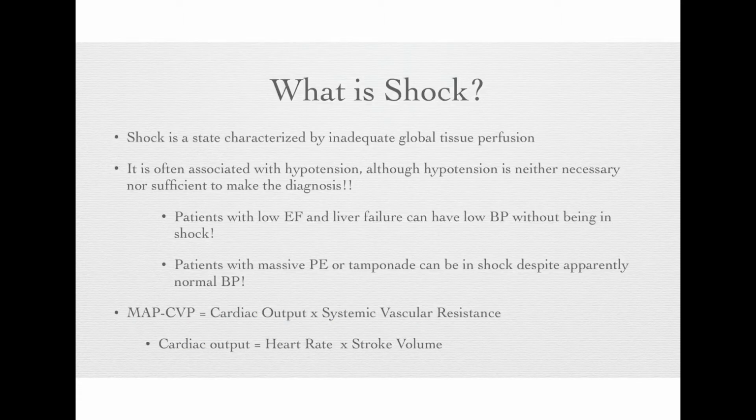Now, cardiac output is equal to the heart rate times the stroke volume, and so a drop in the cardiac output can be either due to abnormalities in the heart rate or abnormalities in the stroke volume. And stroke volume itself is related to two major parameters. One is the cardiac preload, and the other is the cardiac contractility.